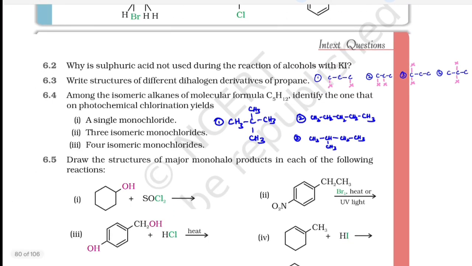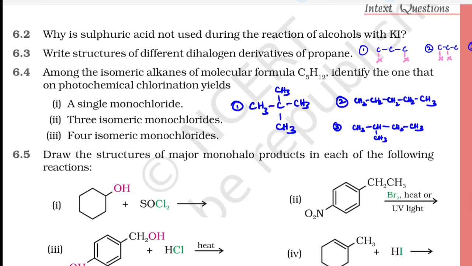Next, among the isomeric alkanes of molecular formula C5H12, identify the one that on photochemical chlorination yields a single monochloride. Single monochloride means the compound should have only one type of hydrogen. So see here, this is the answer. How many types of hydrogens are present here? Hydrogens are attached to this carbon, so this carbon is primary.